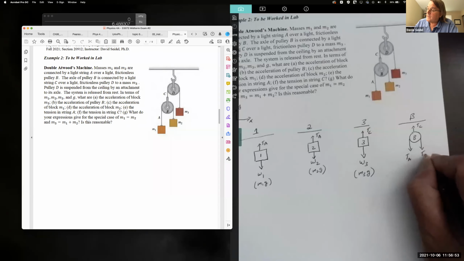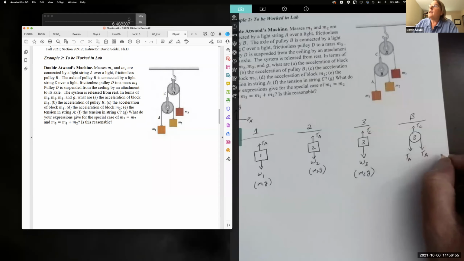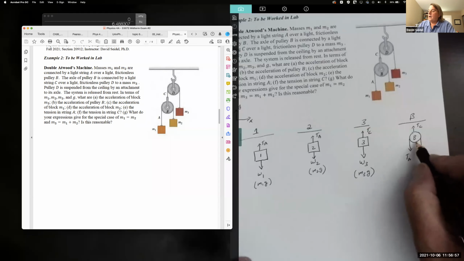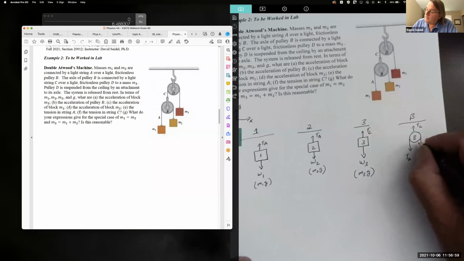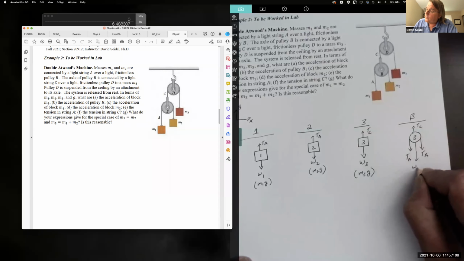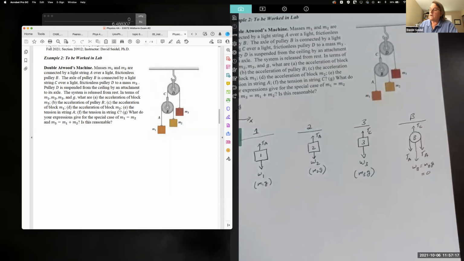And I got TA down. Now, I'm going to go ahead and write in WB equals MBG, but this equals 0 because we're dealing with a massless pulley. That equals 0.